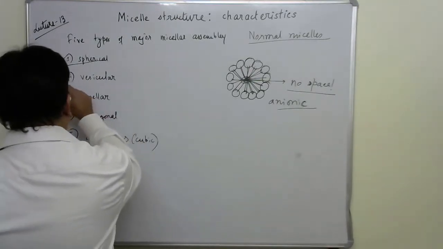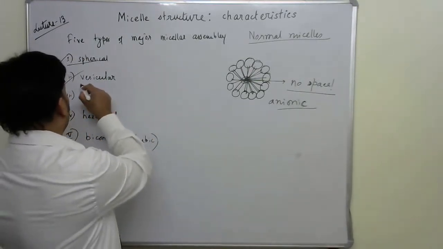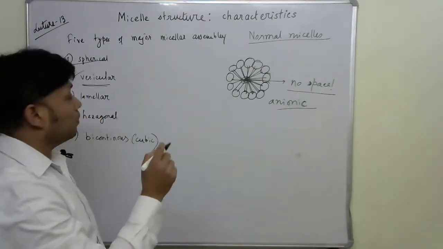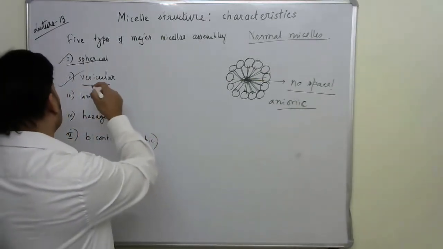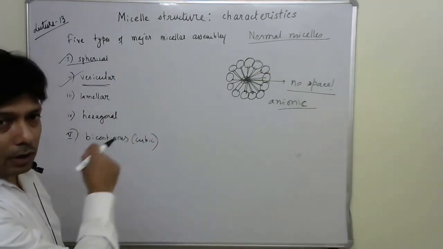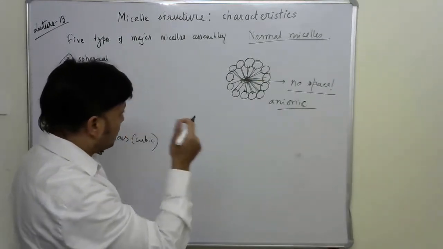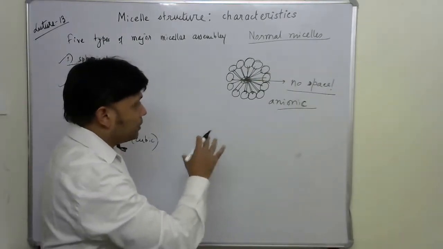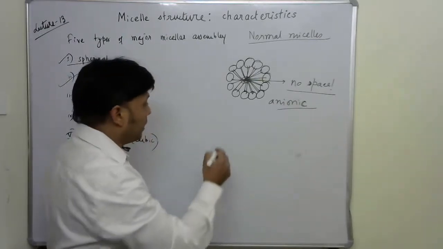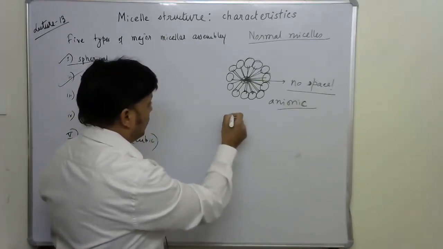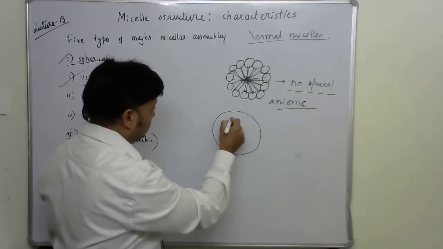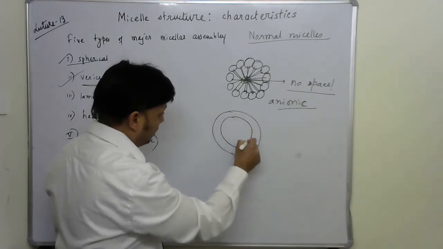And next we go to the vesicular micelles. Just notice the spelling, VESICULAR, vesicular. By mistake I wrote a C earlier, so please make a note and correct it. The vesicular micelle will form a vesicle, a hollow structure. It will go like this. We can think that it is a kind of bilayer structure.